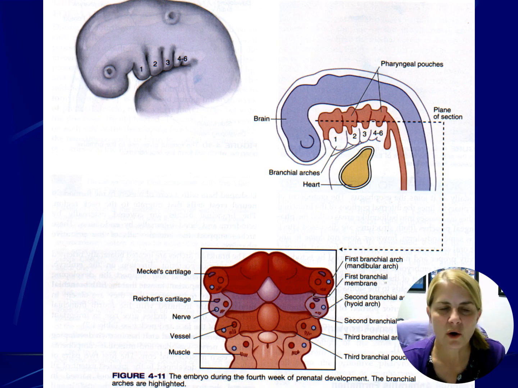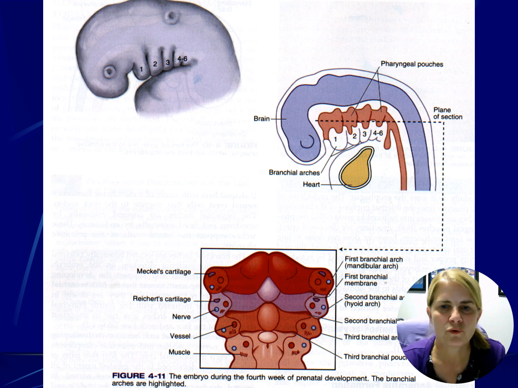Here's a picture showing the developing embryo, and it shows the lens placode up here towards the far left, and then the otic placode kind of up at the top there, and then the branchial arches 1, 2, 3, and then 4 through 6, with the 5th sometimes missing.